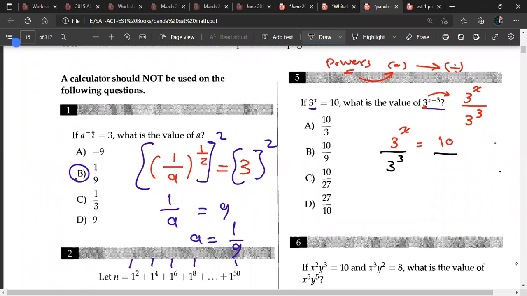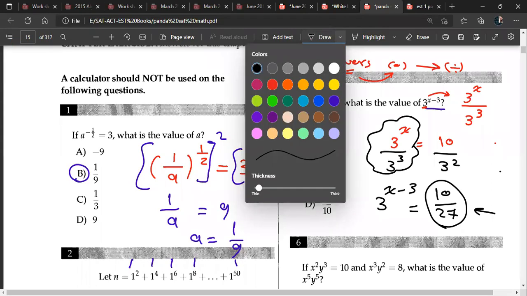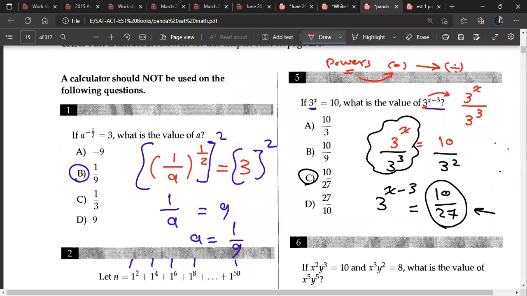So the left side will become 3 power x minus 3 equals 10 over 27. So the answer is 10 over 27, which is C. So you must make a connection between the required and the given. Any question, guys?